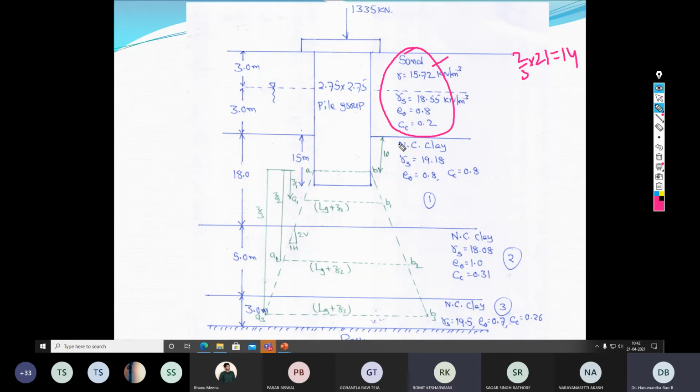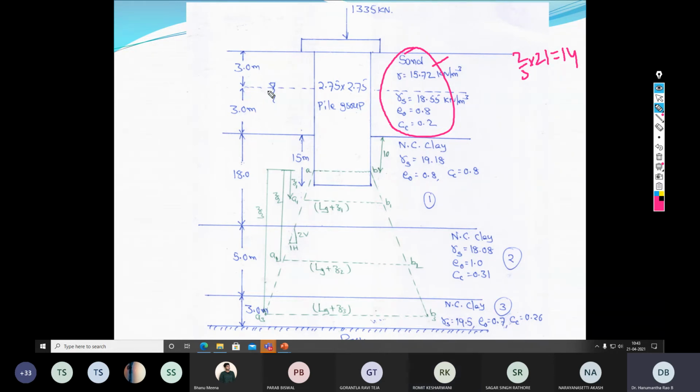No, sir, but in case of sand, if there is clay with another property, then we have to take from top only. Clay with another property means different sigma and different gamma and E naught and CP. No, only depth matters. No soil property matters.